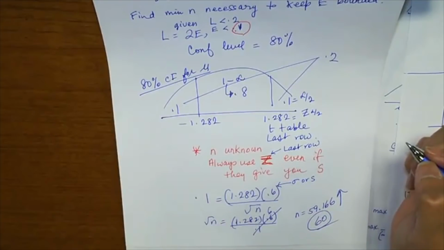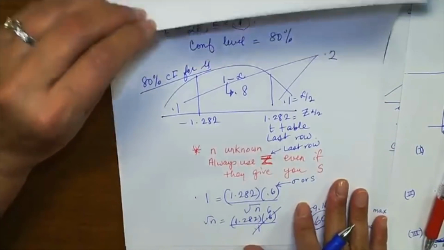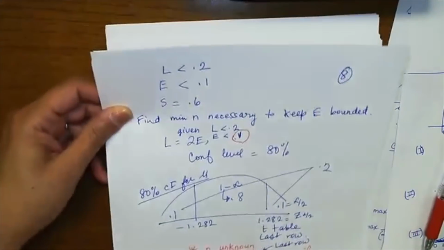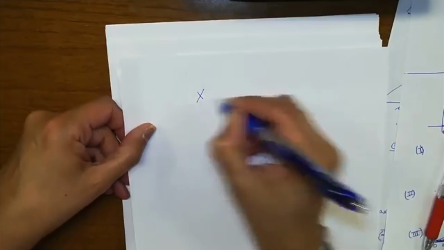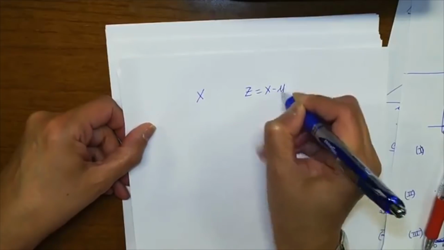How do you know when to use x bar minus mu over standard deviation divided by square root of n? Or like the one we just used now, where it wasn't standard deviation, it was square root of n. I don't know how to use those two different formulas. There are 3 formulas that you're mixing up, right? So if it's x, you use z equals x minus mu over sigma.